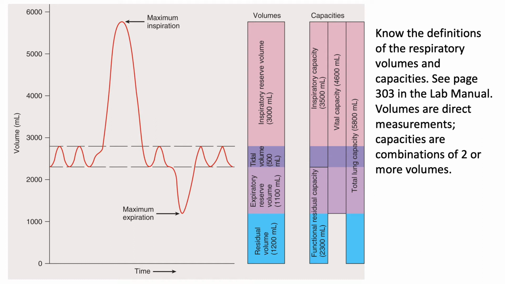We can measure the maximum amount of air that we can inhale after a normal tidal volume inhalation at rest, and that is called our inspiratory reserve volume. The amount we exhale after a normal breath is the expiratory reserve volume.